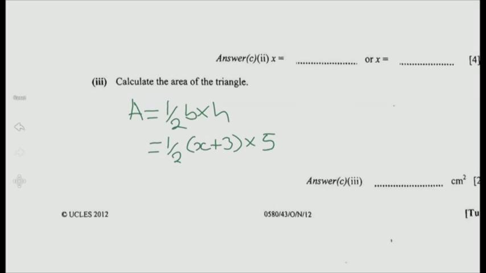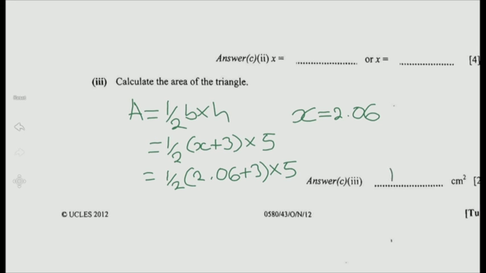For your x there, use the positive root, which is x is 2.06. So it will be half times 2.06 plus 3 times 5. Working this out, you should be able to get 12.65 square centimeters as your area.